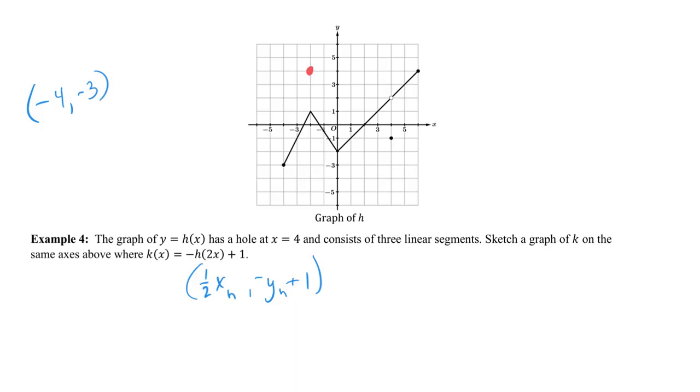And then go to my next point. I'm going to do the v up there at the top. That is negative 2 comma 1, right? So let's cut it in half. Negative 1, make the y negative, add 1. So I'm at negative 1, 0. So there's my first part right there.